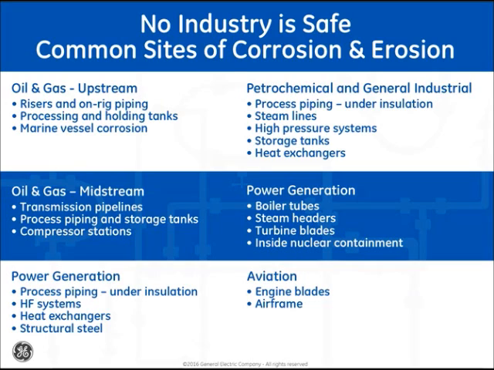No industry is safe from corrosion or the impact of corrosion. Corrosion occurs in a variety of components in industries ranging from oil and gas, power generation, petrochemical processing, and aviation.